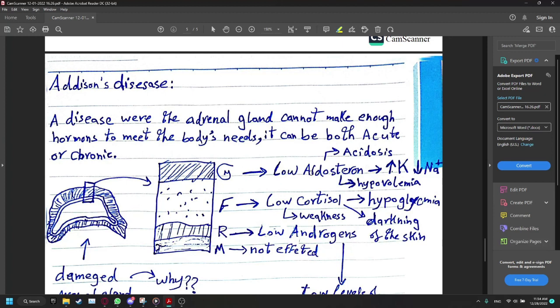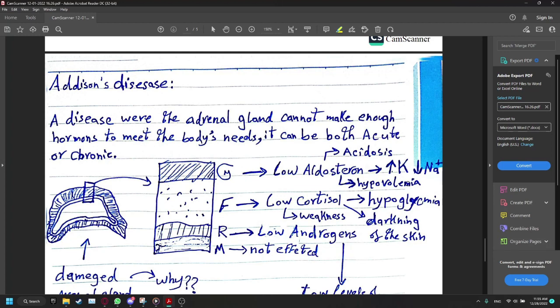So you would have low aldosterone, which causes hyperkalemia and hyponatremia, which causes hypovolemia. It also causes hypovolemia for a reason, which is that there's low levels of water or fluid in your body.